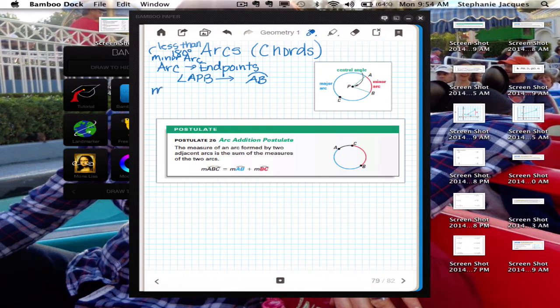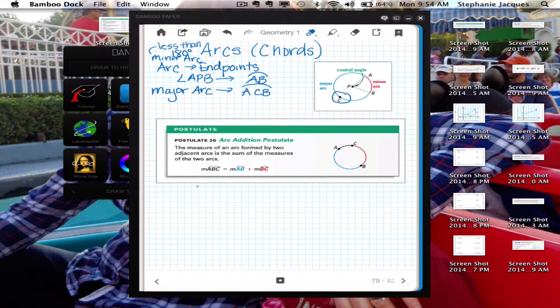But if you have a major arc, which would be the rest of that circle, so we're going from A all the way down to B, you need to include one of the points. Because if I just said AB again, you might think that one. But since it's a major arc, you're going to go A, C, B, because it includes one of the points on that arc. So that's a major arc.